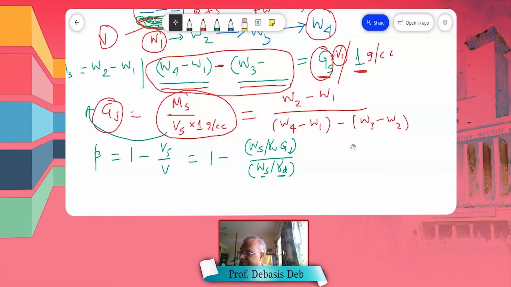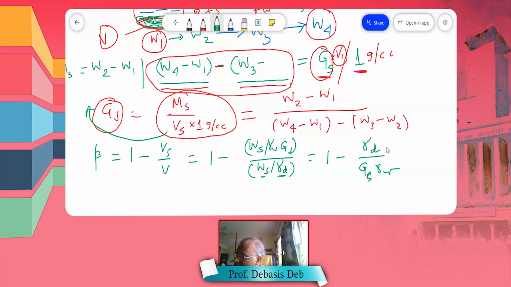Now the porosity becomes, now all this will cancel. So I will get 1 minus gamma d by Gs into gamma W. Let me write it again. So now everything I know.